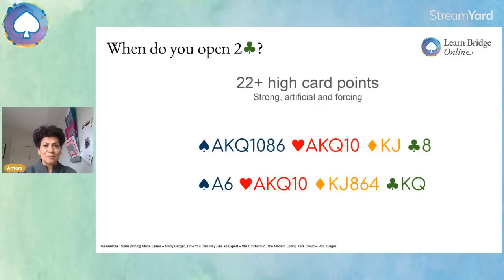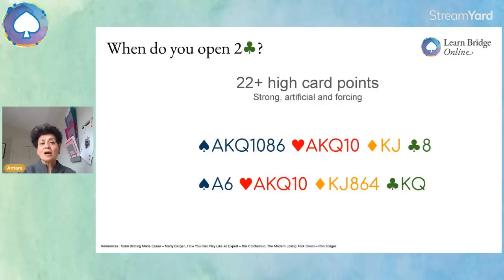Let's have a look at the 2 examples I've got here for us. In the first example, I've got a 6-4-2-1 distribution, and I've got 9 plus 9, 18, plus 4, 22 points. I'm likely to open this 2 clubs.